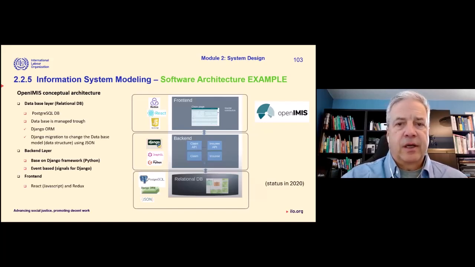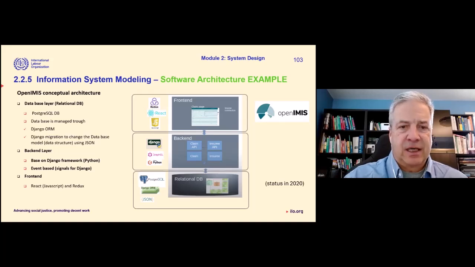So another example, the OpenMS open source platform. That's an example of their software architecture. Those are all open source products, by the way. So you have the front end, the back end, and the relational database that is used.